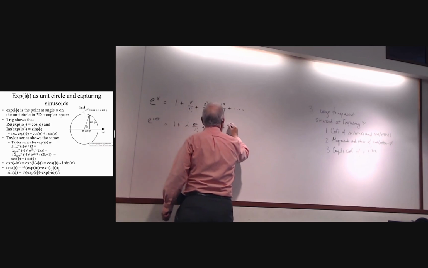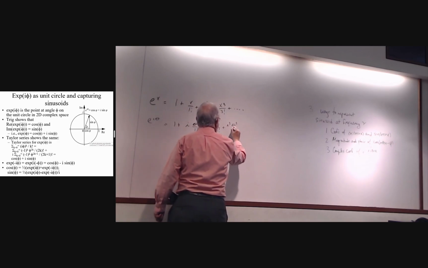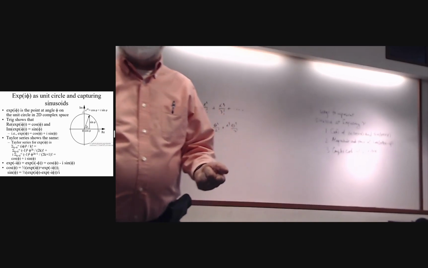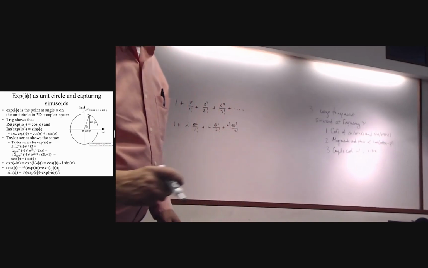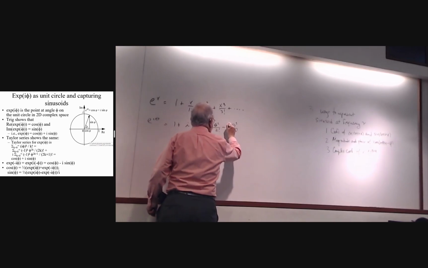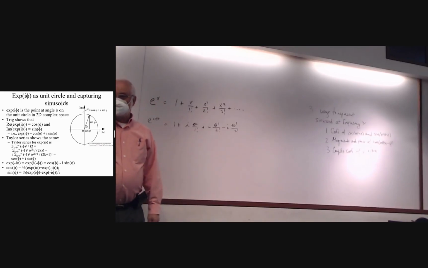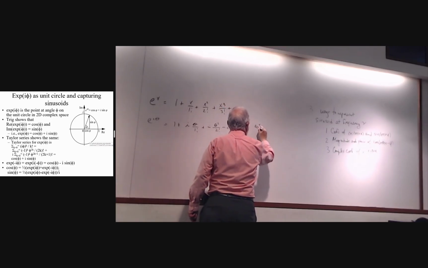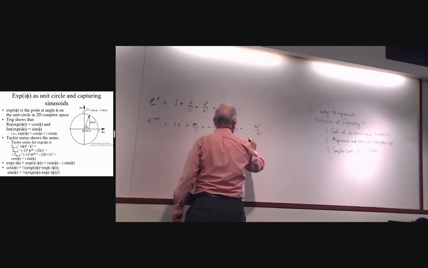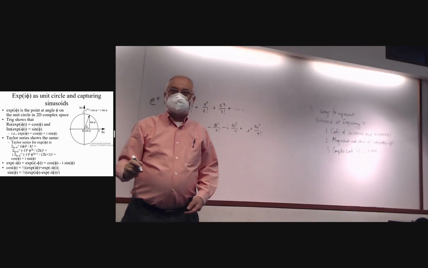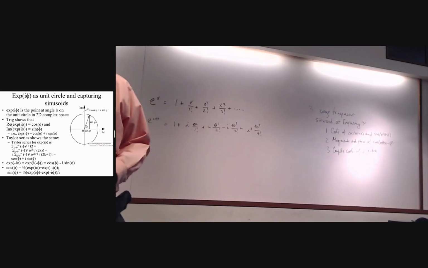Then we're going to get i cubed theta cubed over 3 factorial. But i cubed is i squared times i, which is minus i. Then we're going to get theta to the 4th over 4 factorial, and i to the 4th is minus 1 squared, which is 1.